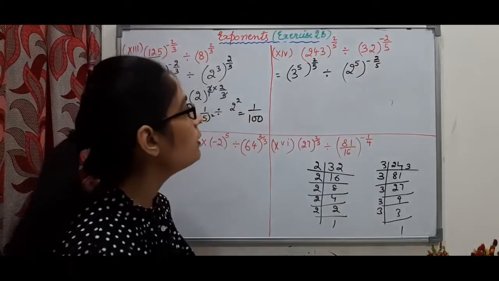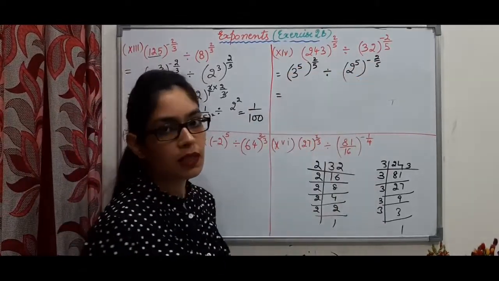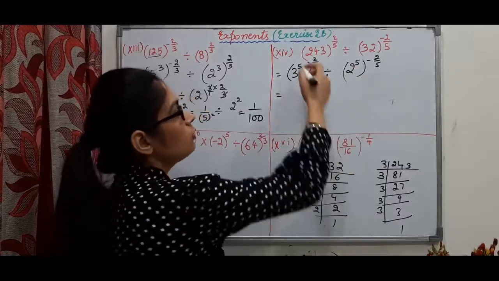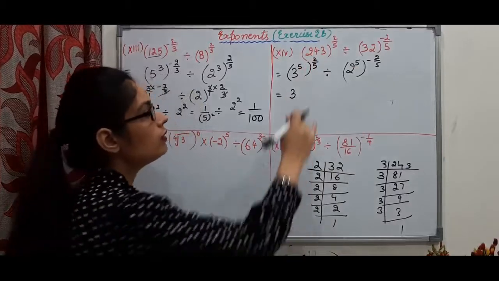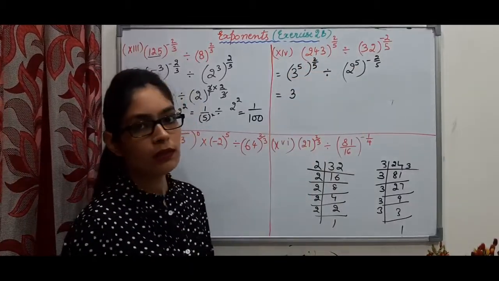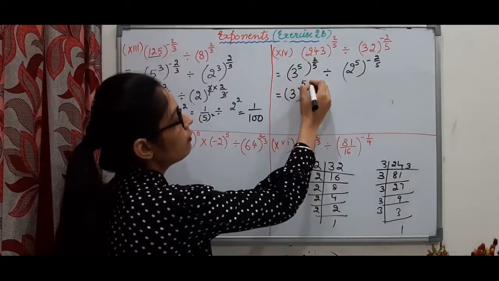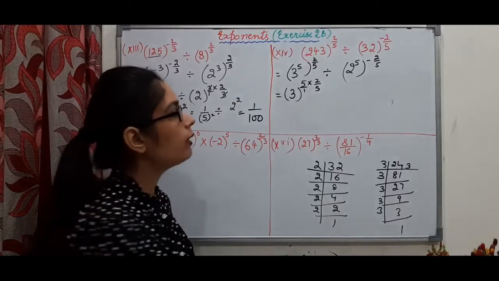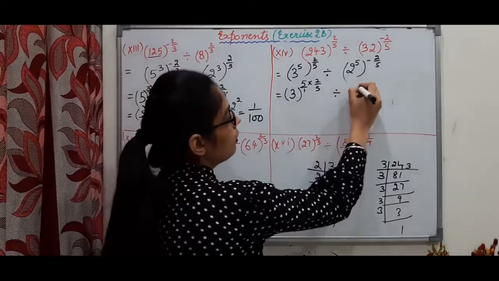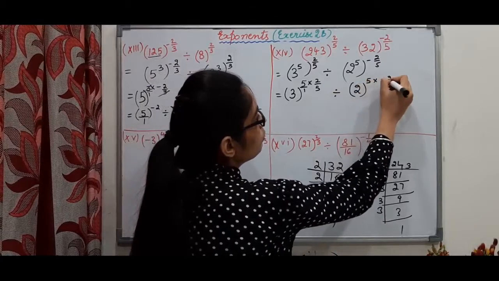Now we have converted these numbers into exponential forms. So single terms are there with two powers. We can apply the power rule here and make these two powers into a single power. So (3⁵) to the power 2 by 5 divided by (2⁵) to the power minus 2 by 5.